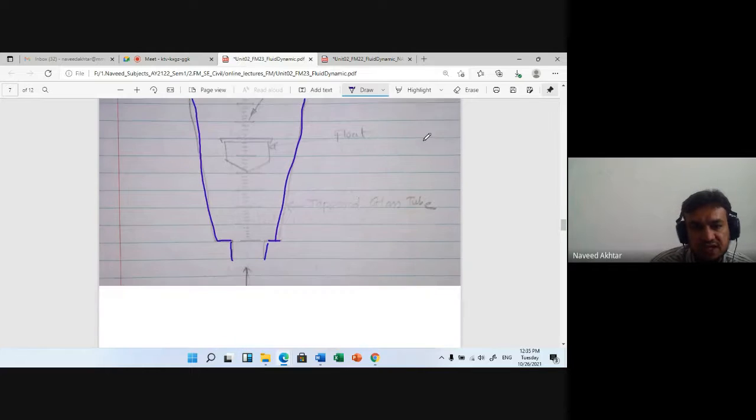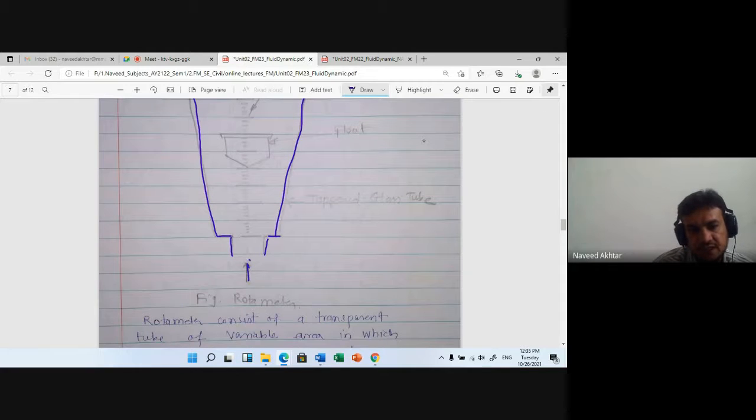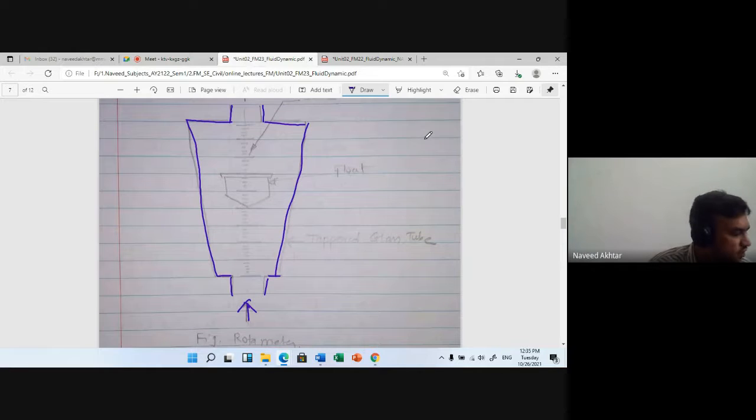This is the flow direction, and opposite to the flow direction a float is inserted, and the tube is graduated properly. It has a varying circular shape, or you can say a glass shape.